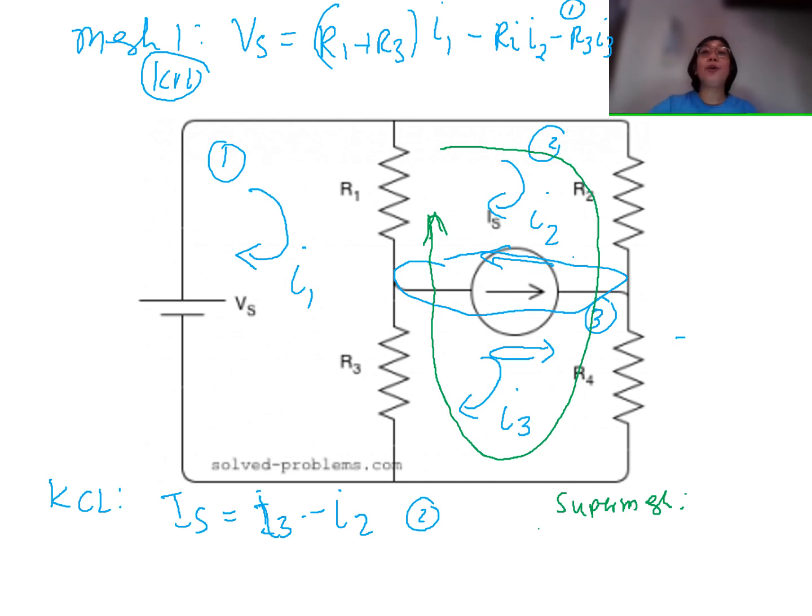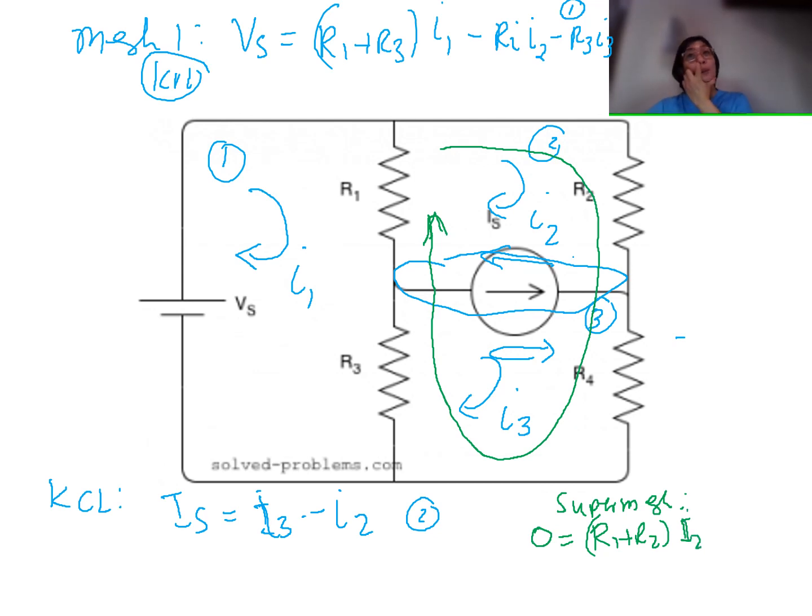So we have 0 is equal to, I2 is flowing through both R1 and R2, so we have R1 plus R2 multiplied by I2.